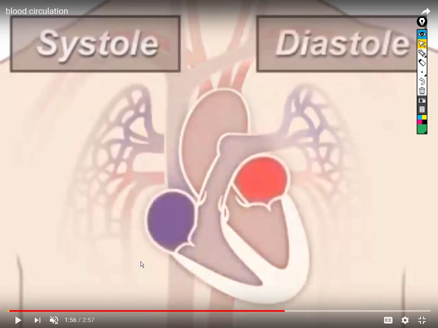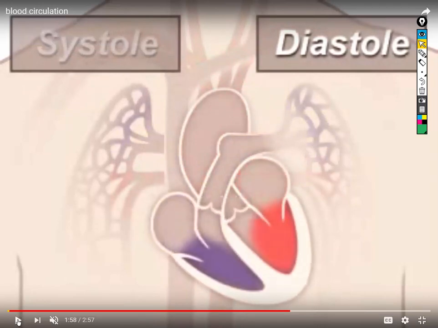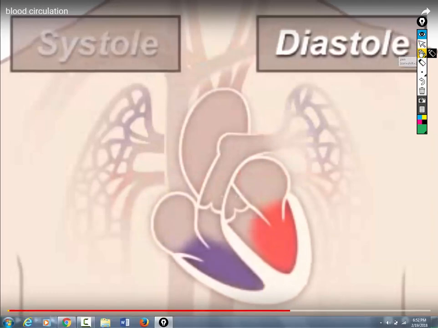Watch. Do the ventricles, when they contract, squish out all the blood that's in them? No. We're talking specifically about the left ventricle. It applies to the right ventricle, but in this case, we're just going to talk about the left ventricle. The left ventricle has a certain amount of blood in it before it contracts.